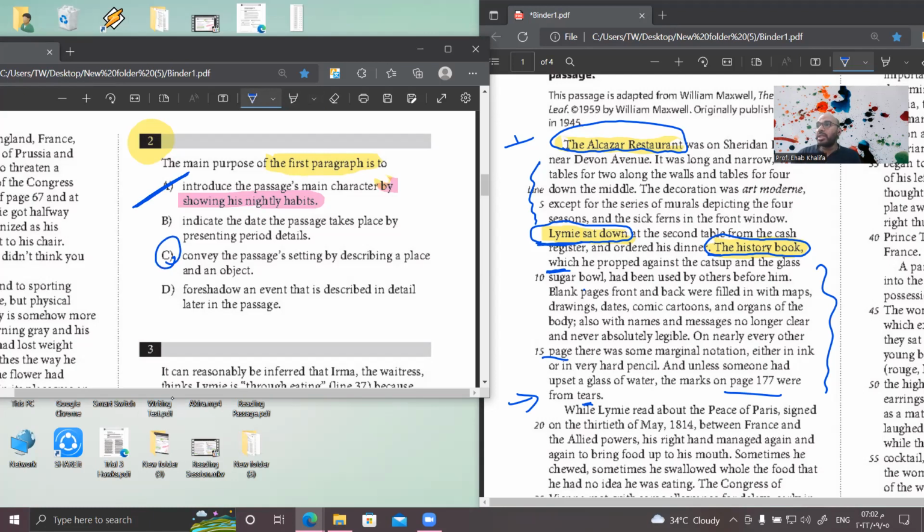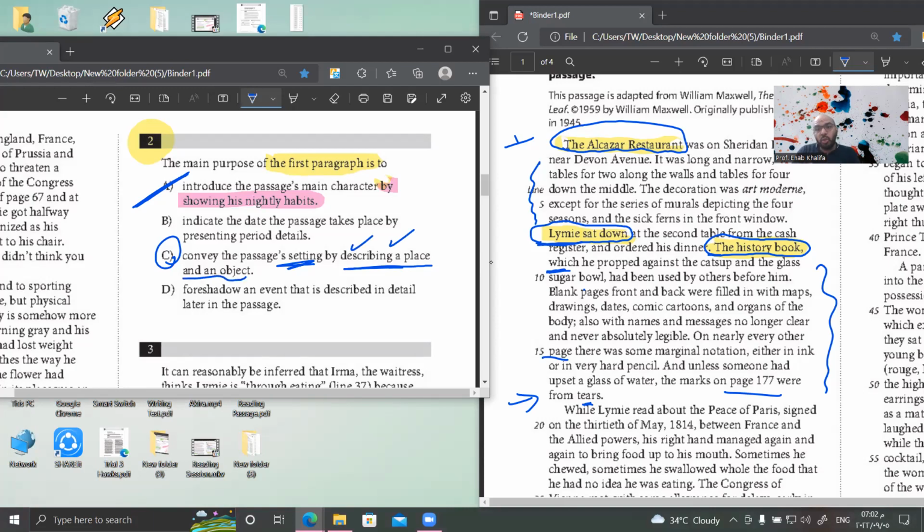Convey the passage's setting by describing a place. Did we describe a place? Of course. We have here the setting, the place, Alcazar restaurant. We described it, even providing the reader with the address and the description of the decoration. So that is a description. We are fine with describing a place.